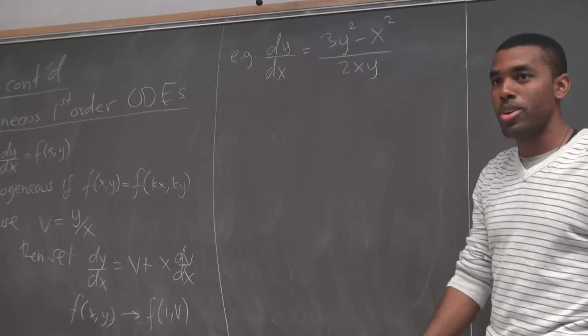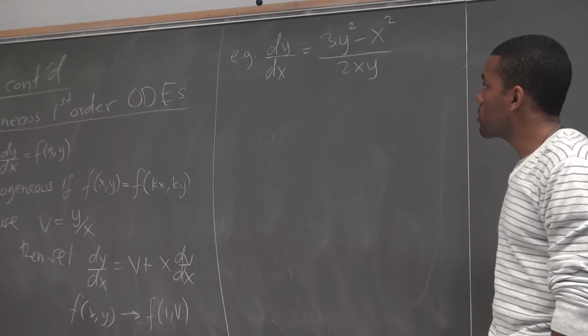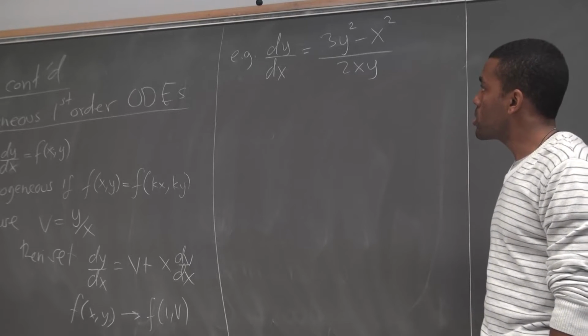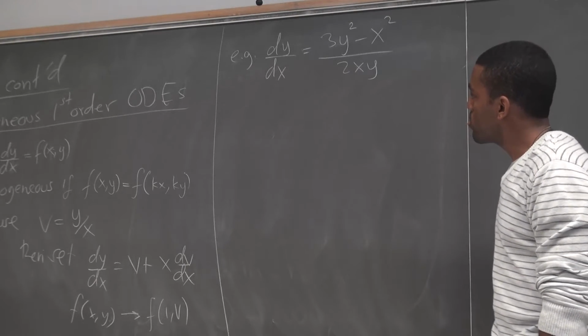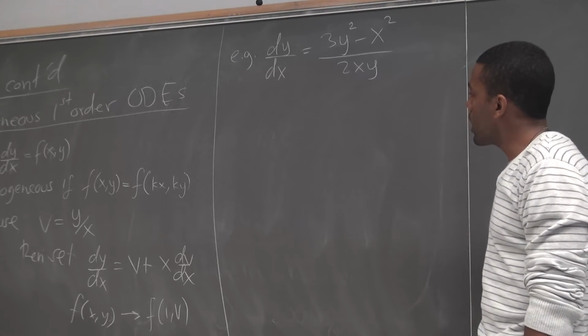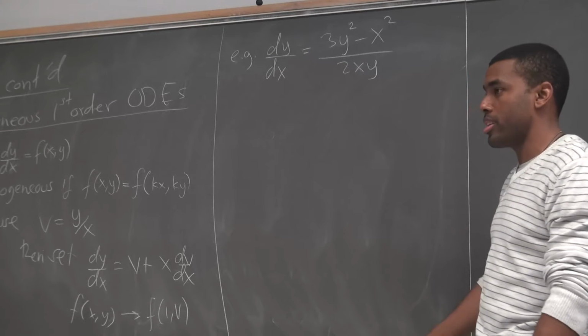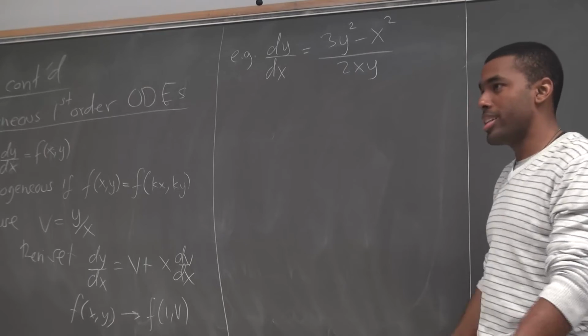No, it's not. Separate the fraction, 3y squared over 2xy minus x squared over 2xy, to find out if it's linear, but it's not. Could I make it linear? Again, the answer is no.